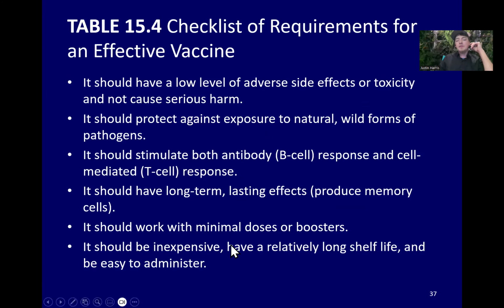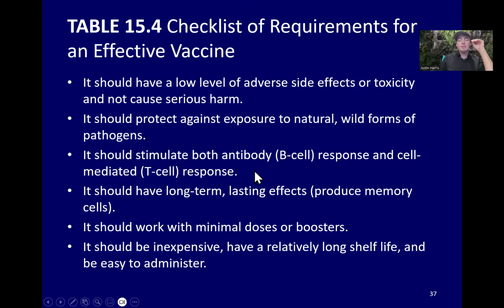There are a few different things to think about when it comes to vaccines. They need to not be very toxic and not have very many side effects, and they need to be able to protect against pathogens that we would regularly encounter that would cause us infections.